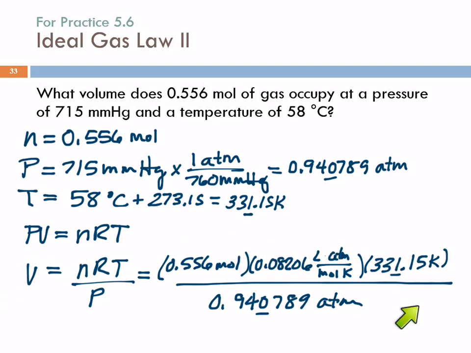This bottom line here, this is what I would consider the minimum of showing your work. And the reason you want to show your work is because you can look back and see what you've done. You can see if you didn't get the units to cancel out. You could see if you put the pressure and the temperature in the wrong place.